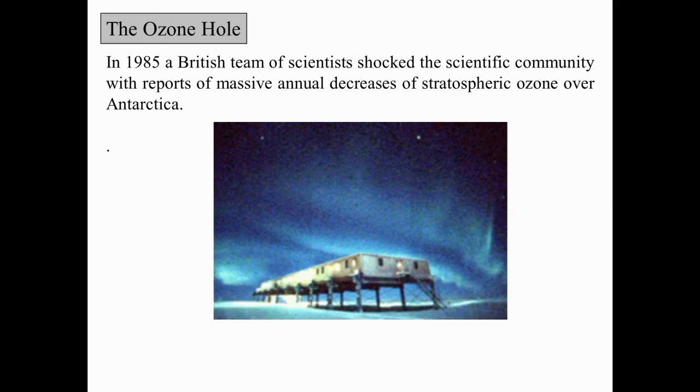But it wasn't the gradual decrease globally in ozone that made the headlines, that let us know that we needed to do something about it. It was all driven by an observation in the mid-1980s of really, really severe ozone depletion.